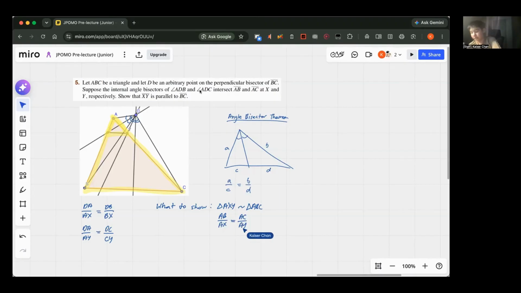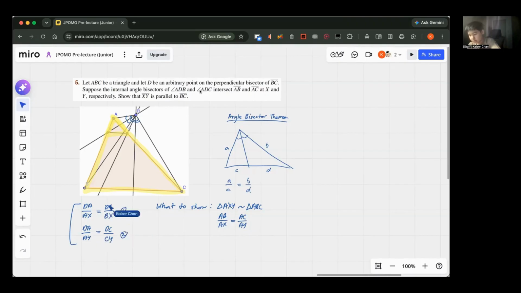So essentially, we already have two ratios here that already have all of those lengths. And what we would want to do is just manipulate these ratios. So I'll just name this 1 and 2.